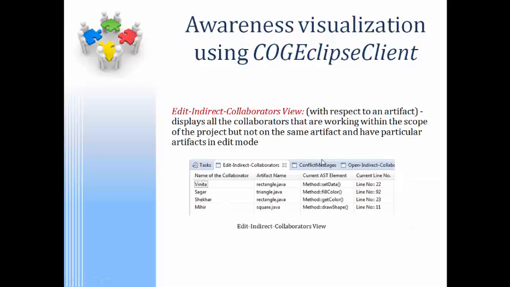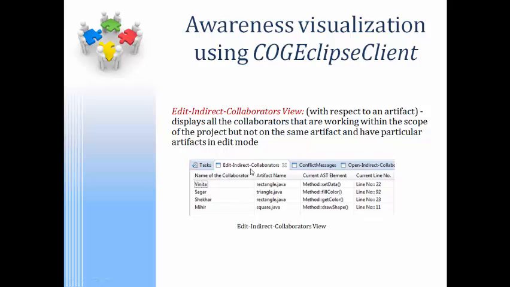COG Eclipse client provides useful visualization for edit indirect collaborators as well as open indirect collaborators. In the edit indirect collaborators view, the Eclipse client displays the collaborators that are working within the scope of the project but not on the same artifact.